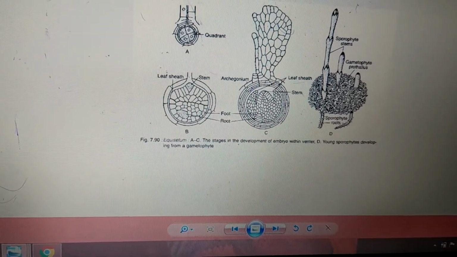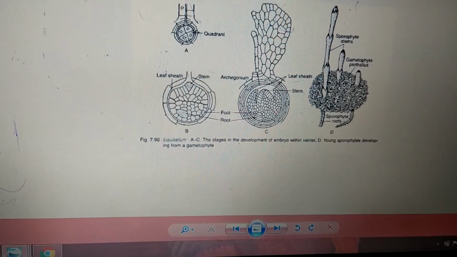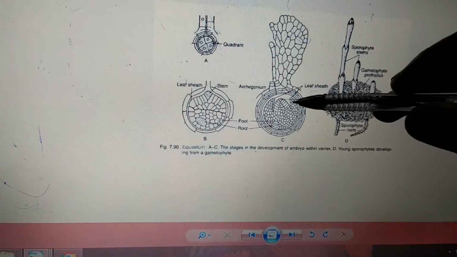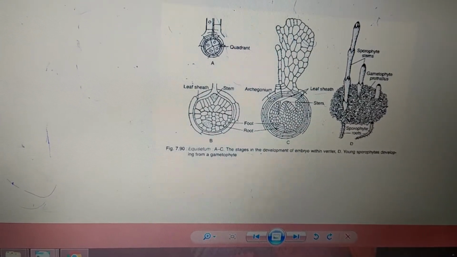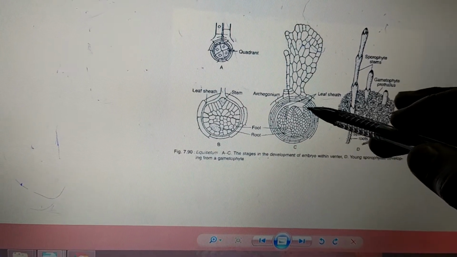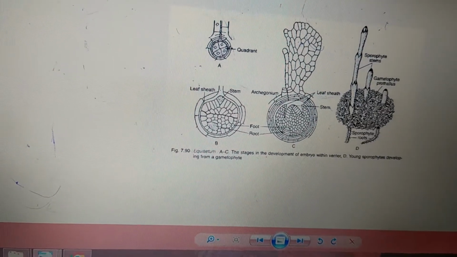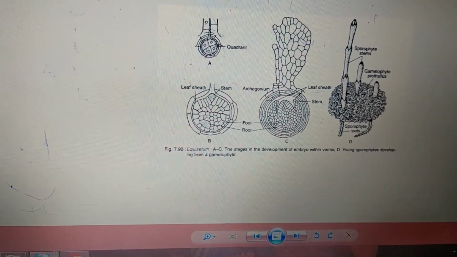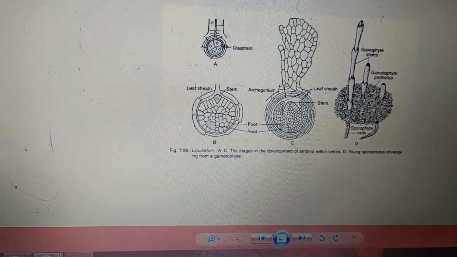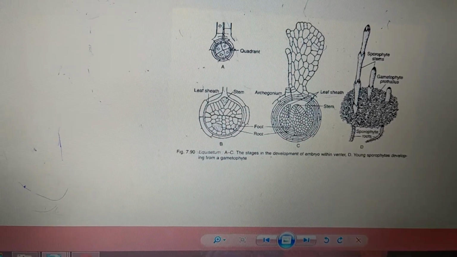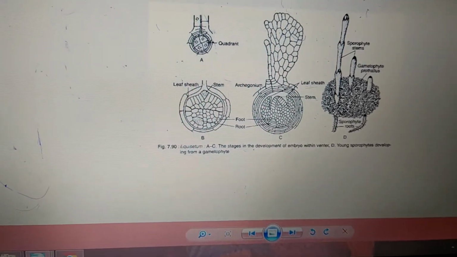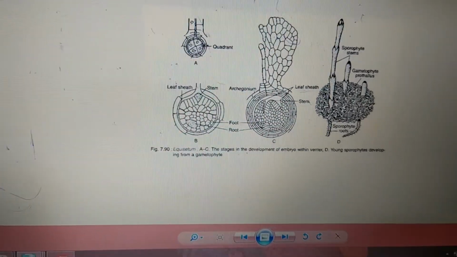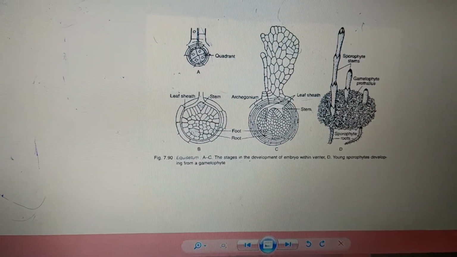Actually, there is no suspensor here. So the shoot apical gives rise to the entire shoot, that is the stem, by production of nodes and internodes. The leaf initial produces the leaf sheaths and leaves, whereas the root initial at the base forms the root and root cap. These roots adhere the sporophytic generation to the substratum and are also helpful in the passage of nutrients as well as water.